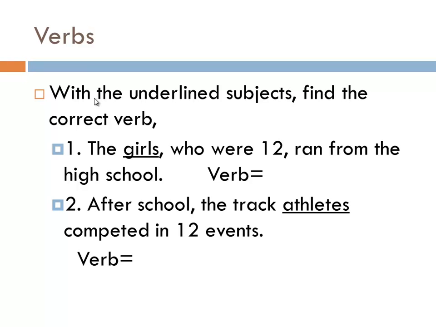Looking at the verbs, with the underlined subjects, find the correct verb. Well, for number 1, in our commas we have "who were 12." This is a descriptive phrase, so of course we know our verb should not be inside these two commas. I'll give you a moment to think. What's the verb in number 1?